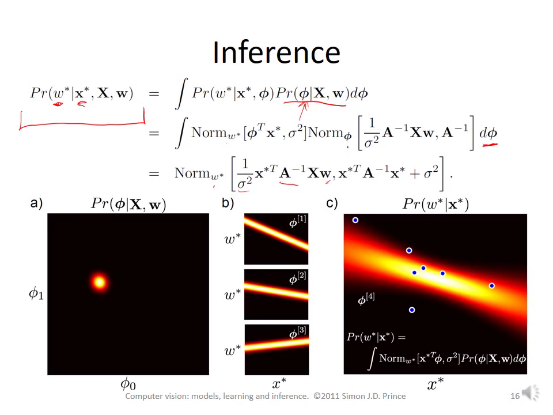To illustrate that, we can see what our posterior probability on the model looks like. We have that from the previous slide, so some versions of phi 0, phi 1 space have higher probability than others.